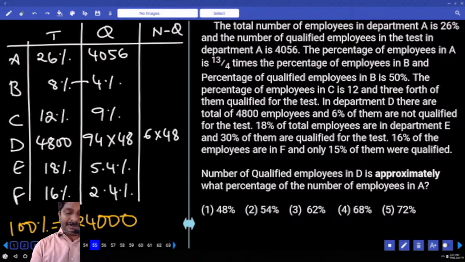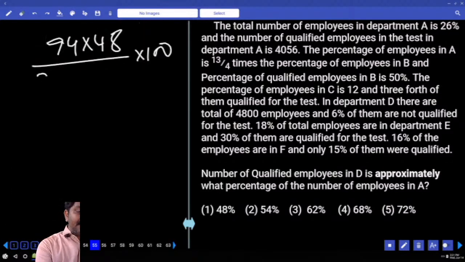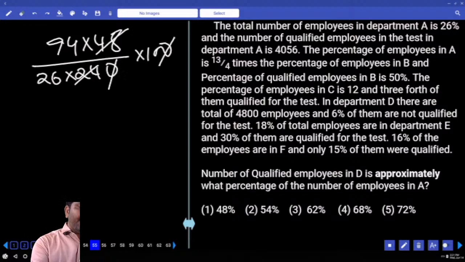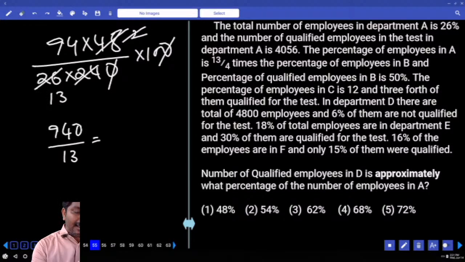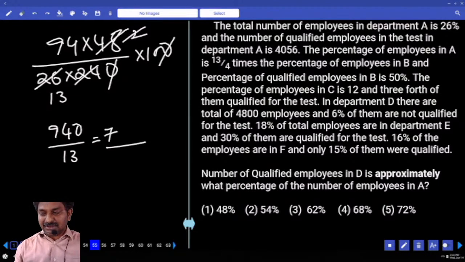Employees in A are 26%. 26% in the sense 26 into the 1% value, 240. This is 940 by 13 only. 13 times 7. The answer must start with 7, and there is only one. Done.